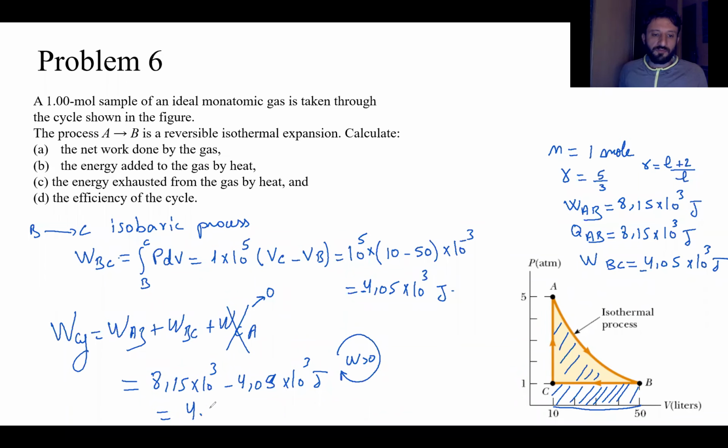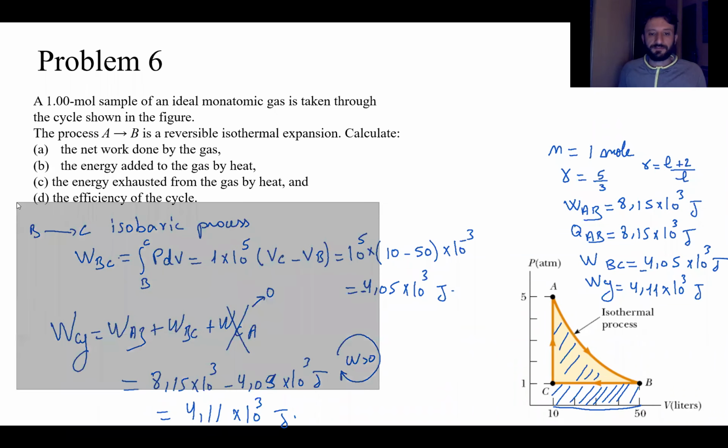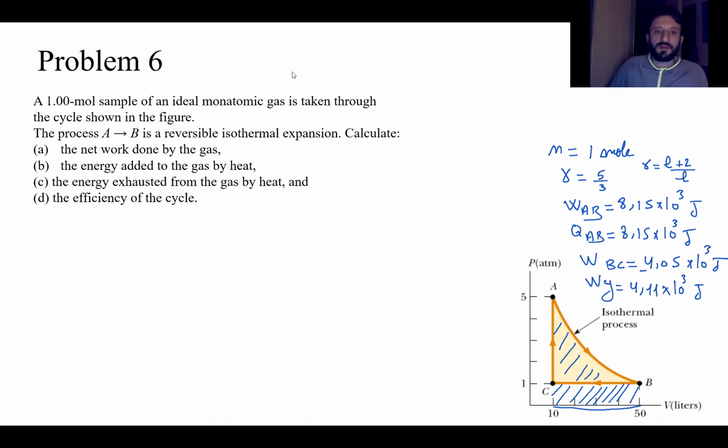Here 4.11 times 10 power 3 joule. This is W of the cycle. As I said before, it must be positive because we have a clockwise cycle of a heat engine machine. Okay.